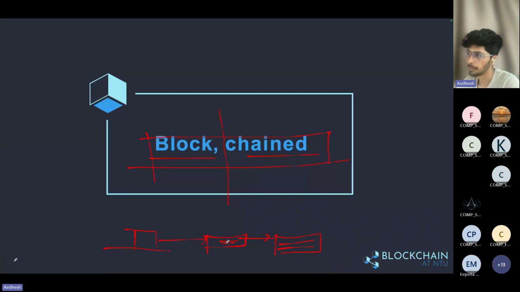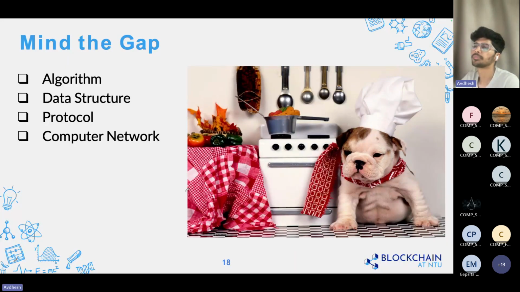All these blocks are chained together to make a blockchain. That is kind of a layman's terms definition. I'm sure you have told me that everyone here is technical, but I just want to get through this as soon as possible, so that I can discuss more on the technical side of the blockchain design.